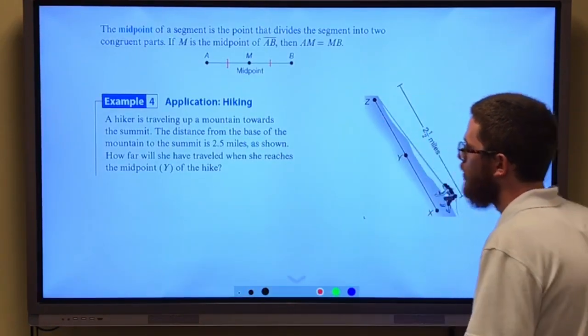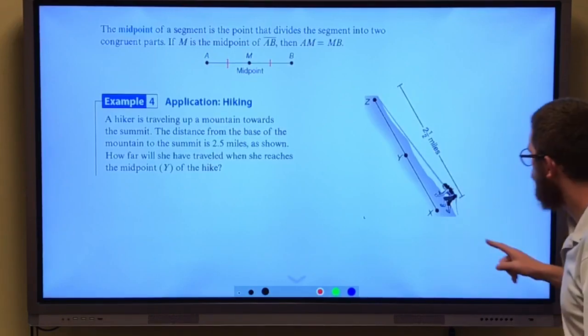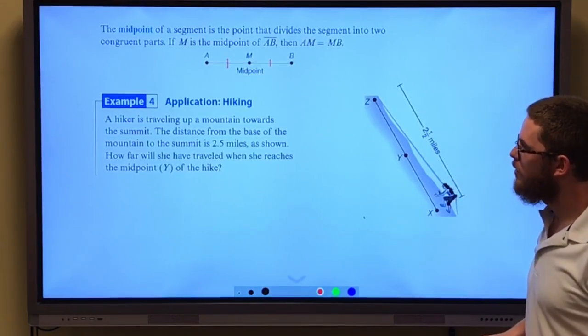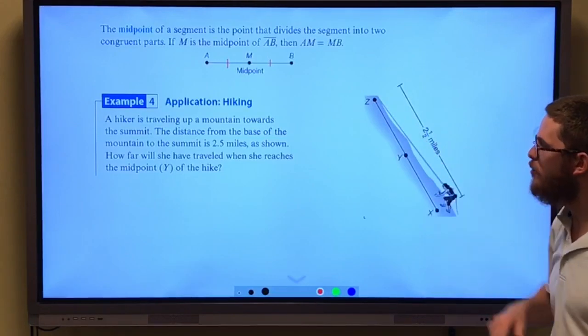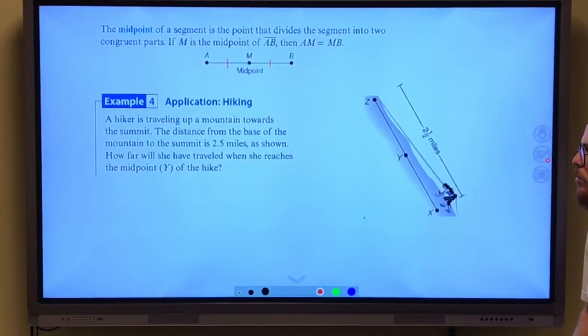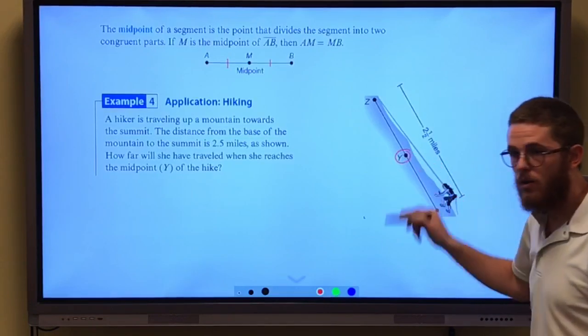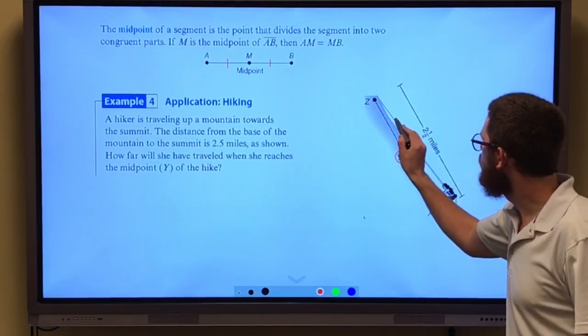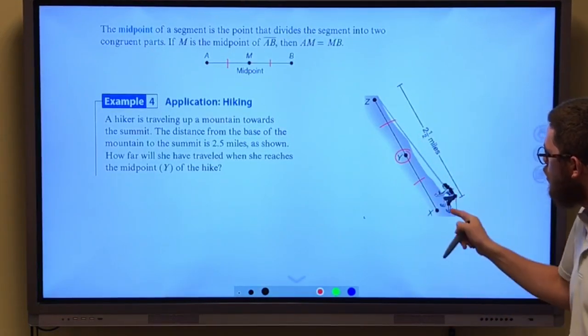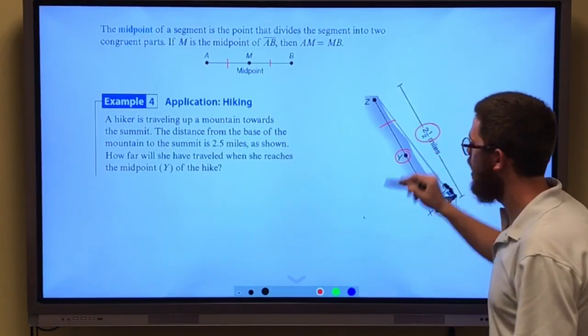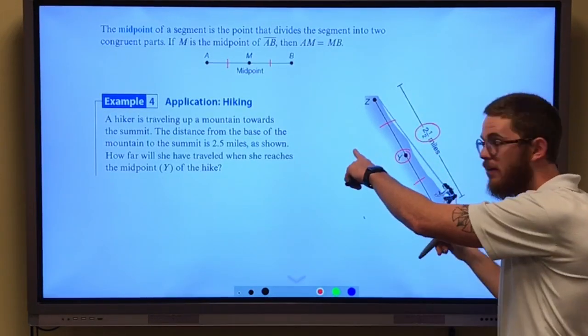So let's look at an example. A hiker's traveling up a mountain towards the summit. The distance from the base of the mountain to the summit is 2.5 miles. How far will she have traveled when she reaches the midpoint Y? Well, if we know it separates it into two congruent segments, we know she's going to go halfway. We can take this 2.5, split it in half.